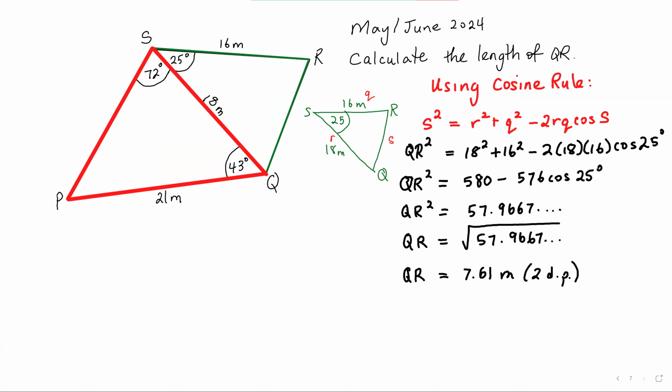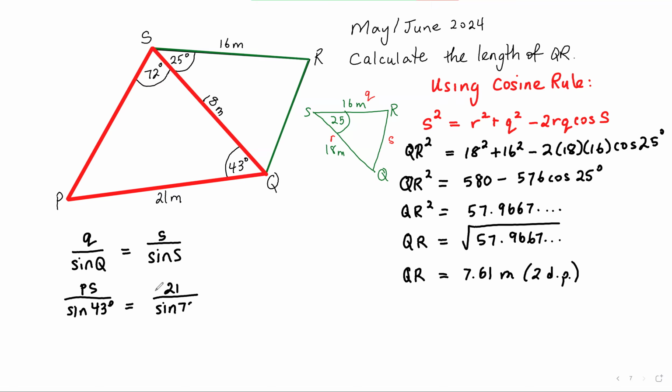Because it's opposite angle Q. So that would be Q over sine of angle Q is equal to S, side 21, over sine of angle S. So Q is the unknown side that we're trying to find. That's the side PS over sine of Q, that is 43 degrees, equal to S, which is 21 over sine of 72.